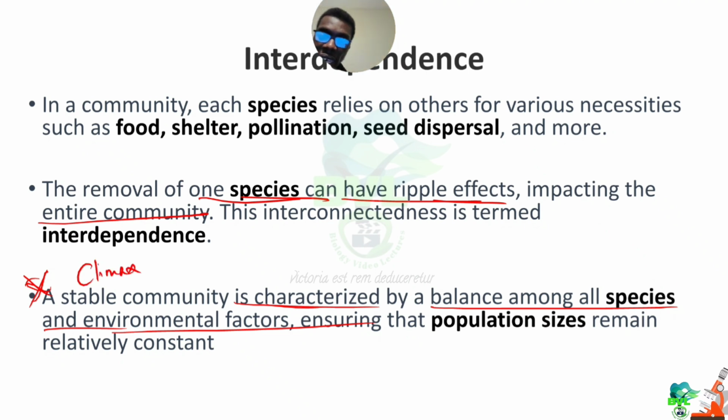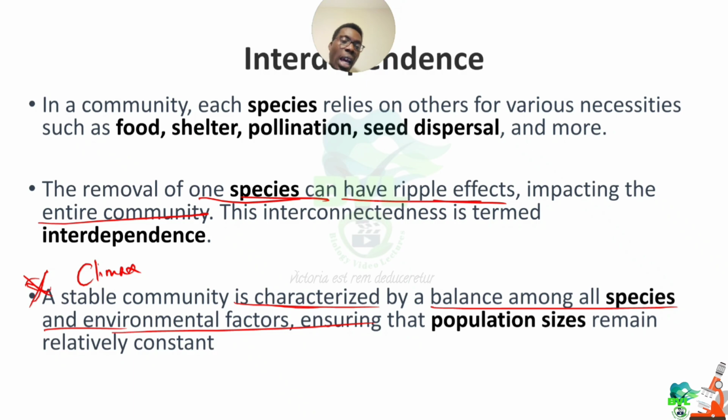A climax community is when every population is enough. There's a balance between the producers and the primary consumers; none of the species is overloaded, so to say. You need to understand this. That's what a stable community means.